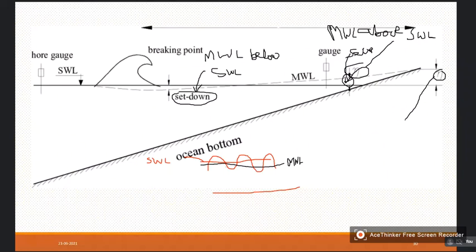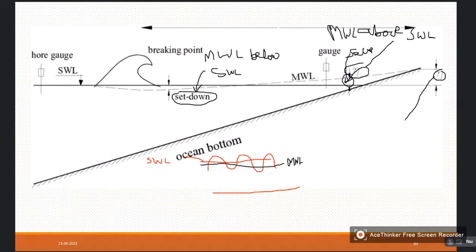So the oblique wave run up and gravity induced return flow on the beach cause a zigzag sand particle motion on the beach, with a net movement in the down coast direction. Now what is happening here? The waves are moving obliquely.